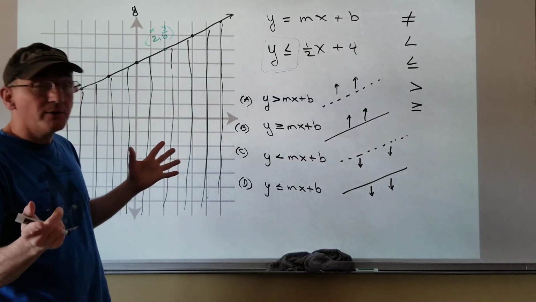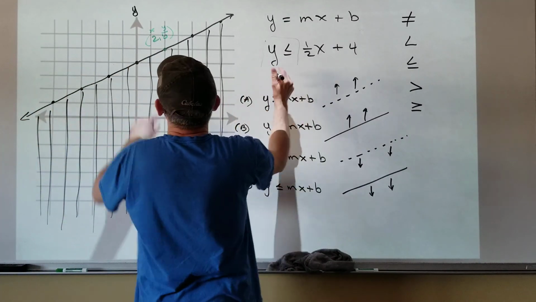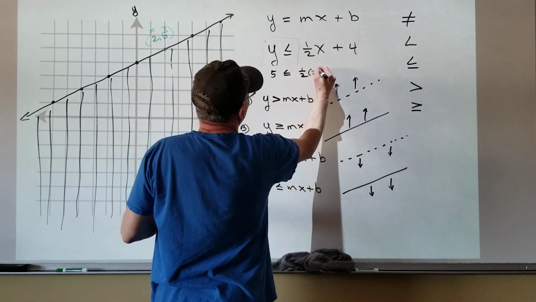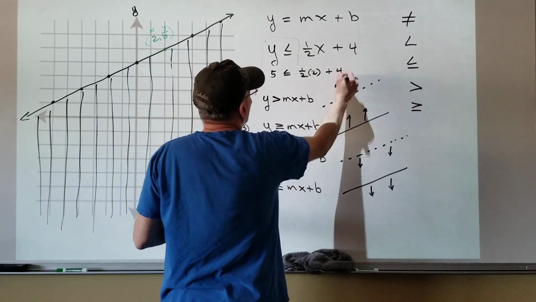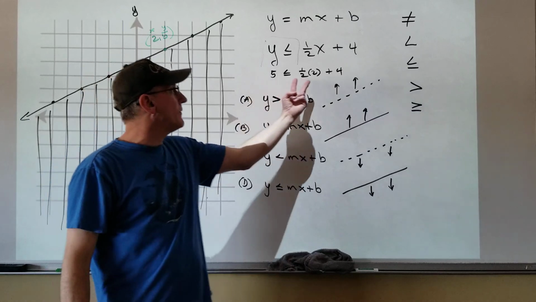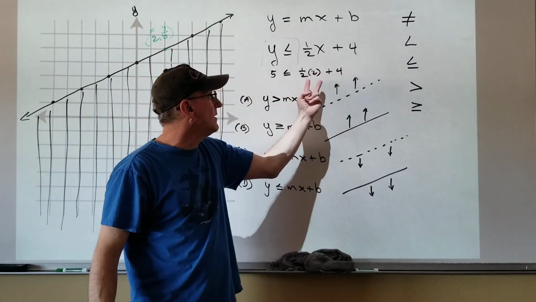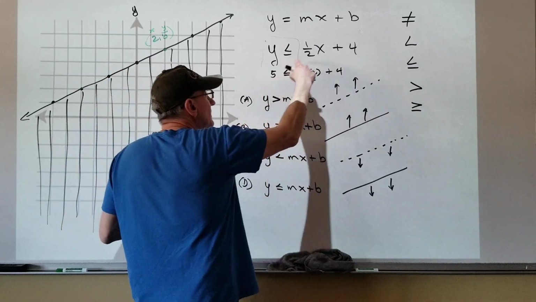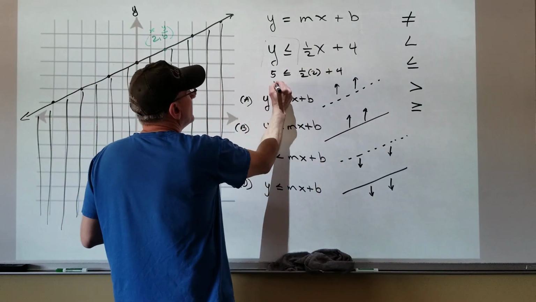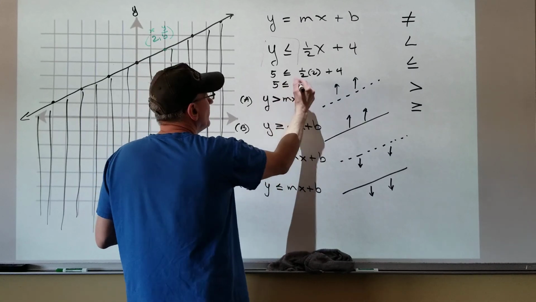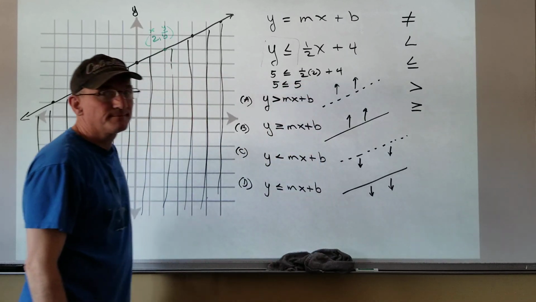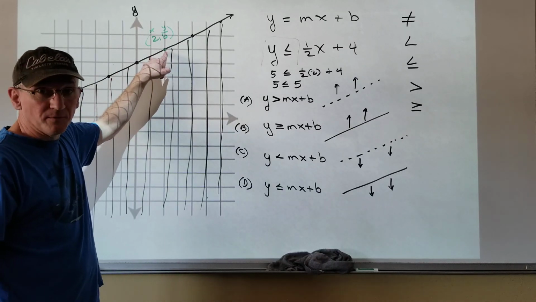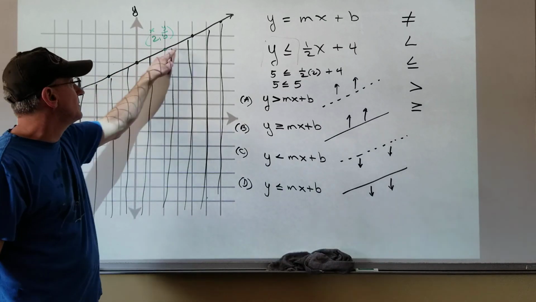And we can demonstrate that right here. You put 5 in for y, and 2 in for x. And I'll just do this quickly in my head. Half of 2 is 1, and 1 plus 4 is 5. This all computes to 5. It's not true that 5 is less than 5, but it is true that 5 is less than or equal to 5. And that's why this is a solution. And every point on this line is a solution.